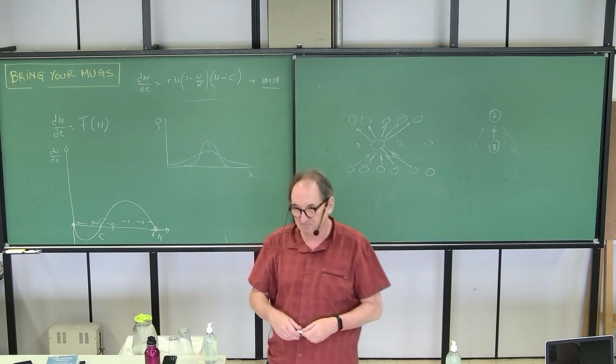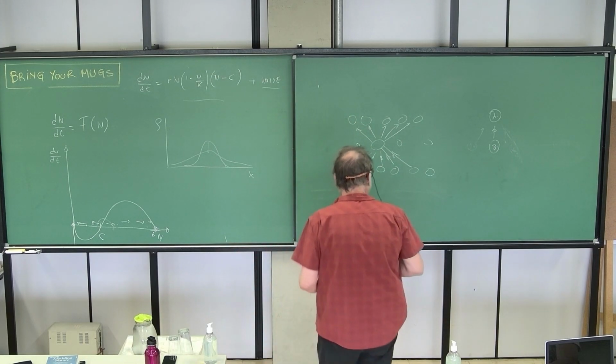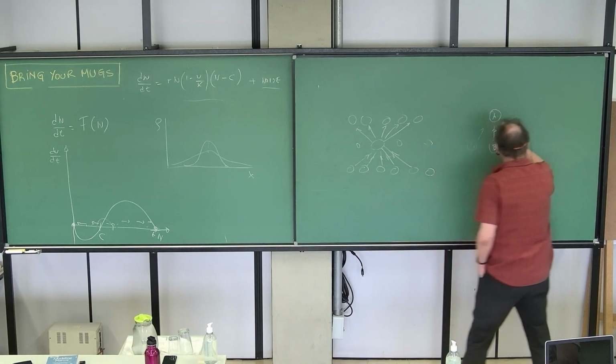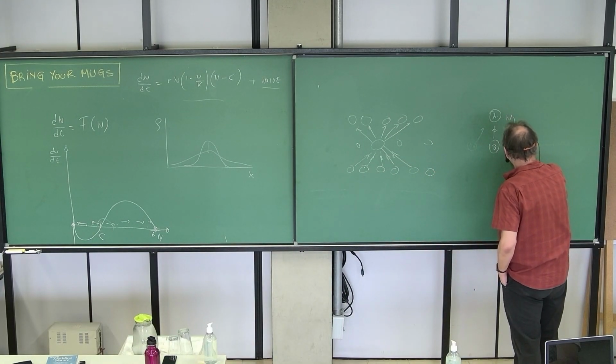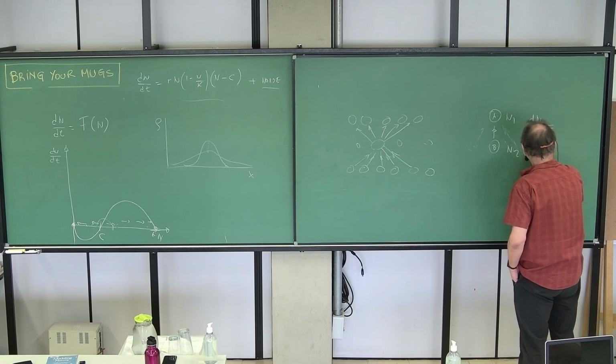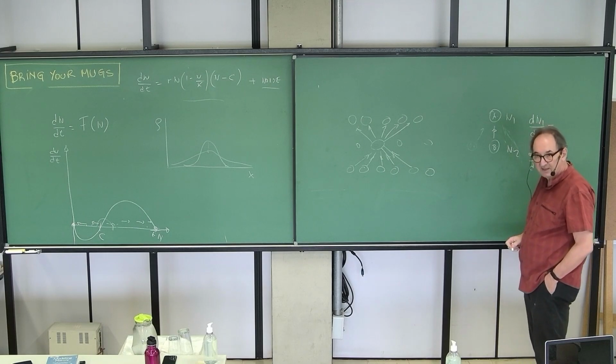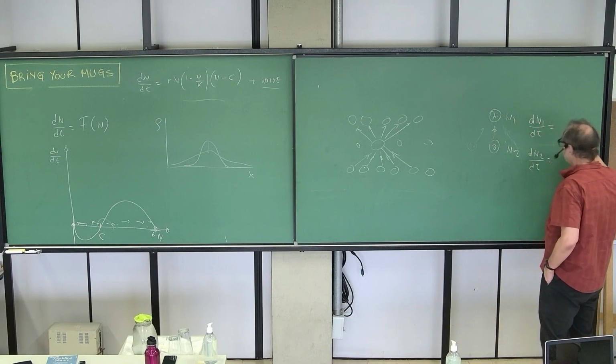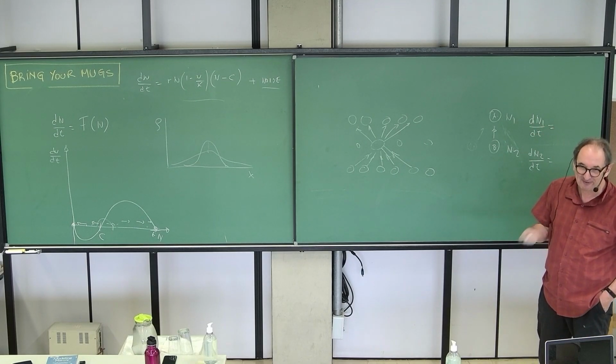Okay? So multi-species dynamics would be, say, this is N1 and this is N2. We would have dN1/dt equal to something, and dN2/dt equal to something. Okay? And then this something is the subject of the next class.